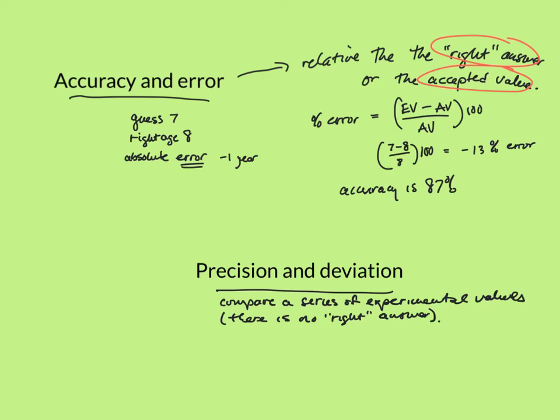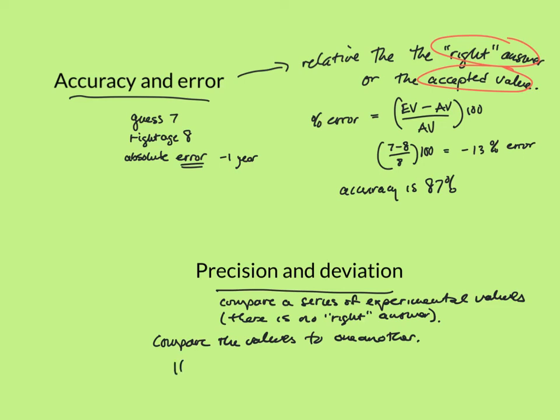This might happen if you are making a measurement multiple times for a particular volume of liquid, or determining the density of a material that has only just been discovered and for which perhaps there is no accepted value. And in order to do this, we compare the values to one another. There is a way to do this mathematically. I don't think I'm going to go there right now.